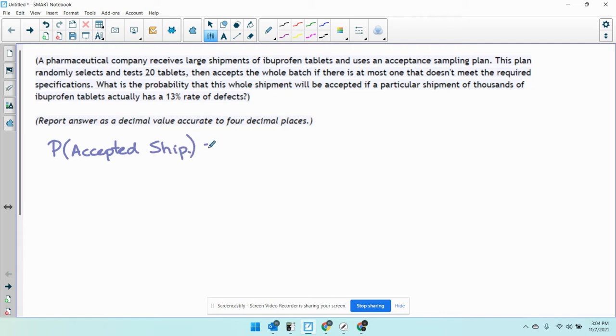So that's the same thing as saying the probability of 0 or 1 defect, which is the same thing as saying the probability of 0 defects plus the probability of 1 defect. So if we just find these two probabilities and add them together, we should be good to go.